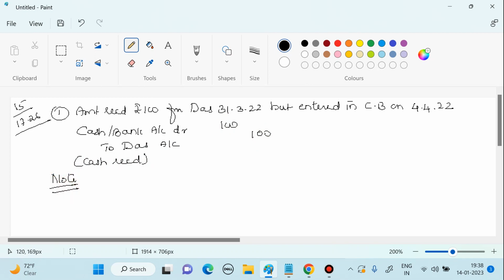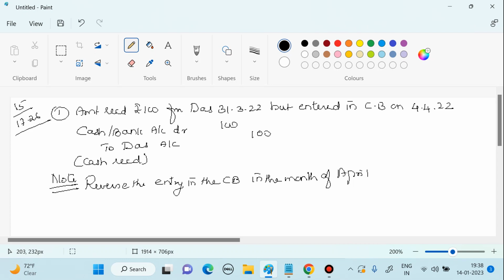What is to be done is, as we have passed the entry as on 31st March, we will have to reverse the entry in the cash book in the month of April. So how do we do that? In the cash book on the receipt side, we have written as to Das. How to rectify that, how to reverse that?